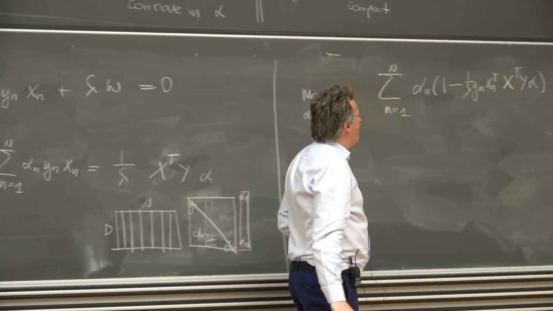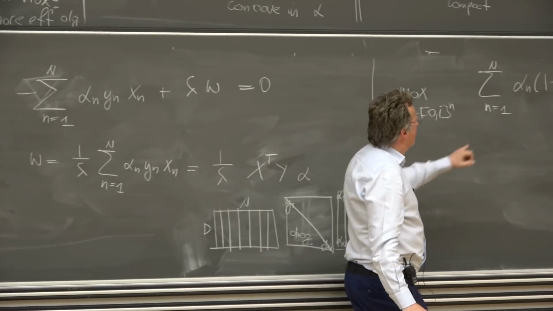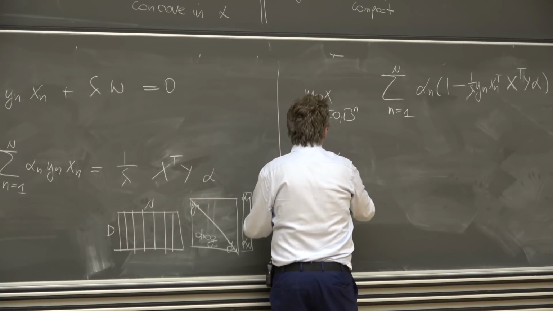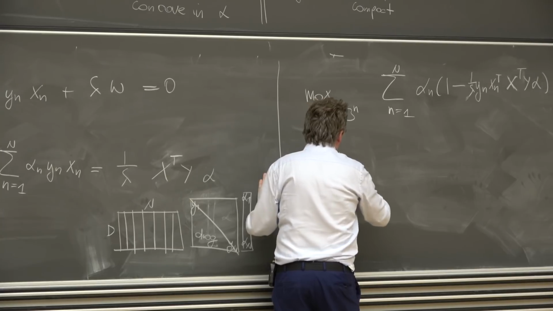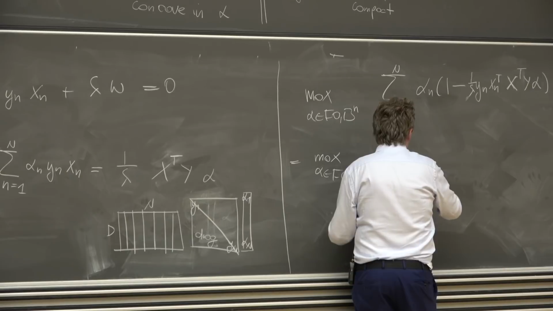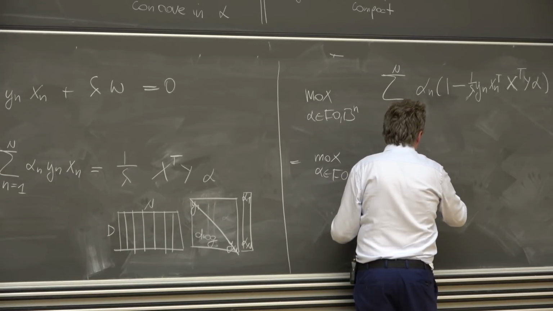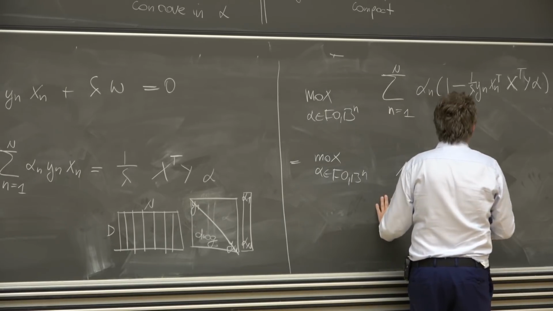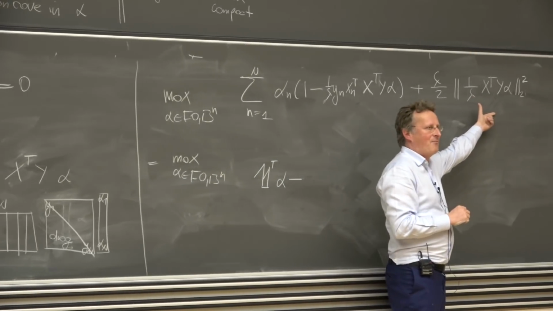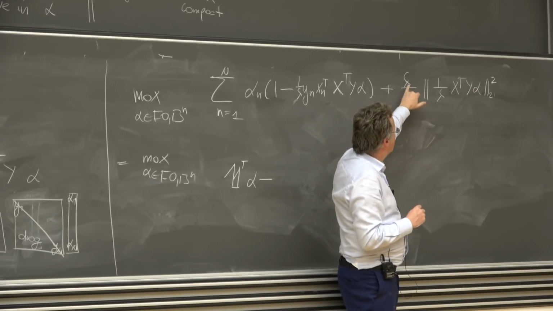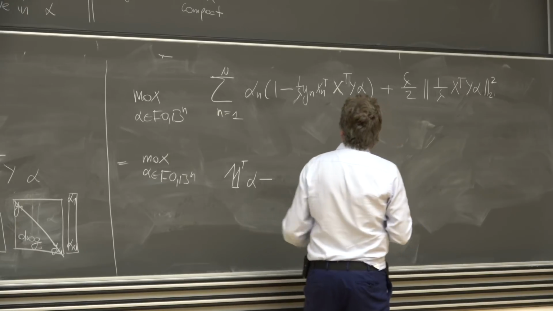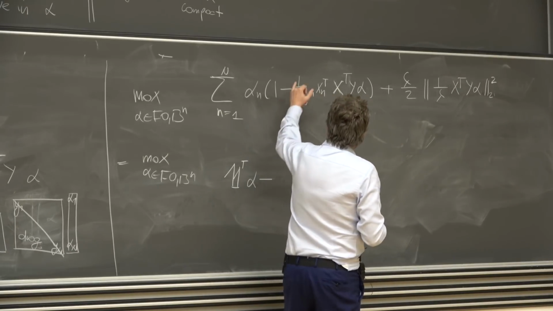Okay, and so if we plug this all in, we can see that we can write this whole thing in the following way. So there will be the vector 1 times the alpha. And actually this thing here and this thing here give us the same thing, except there's a factor 1 over 2 lambda in here, and there's a factor minus 1 over lambda.